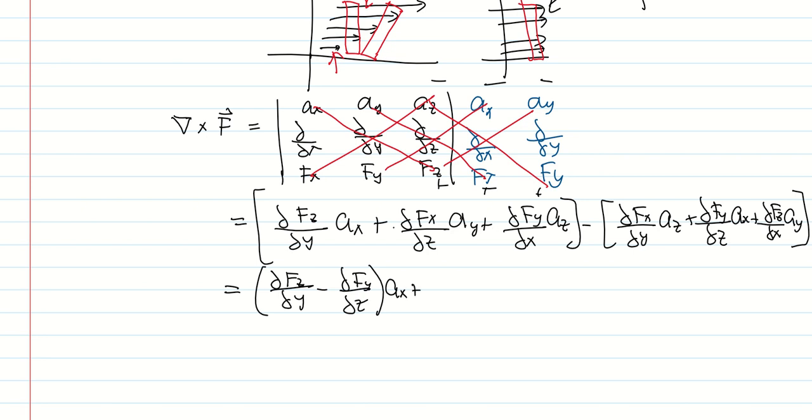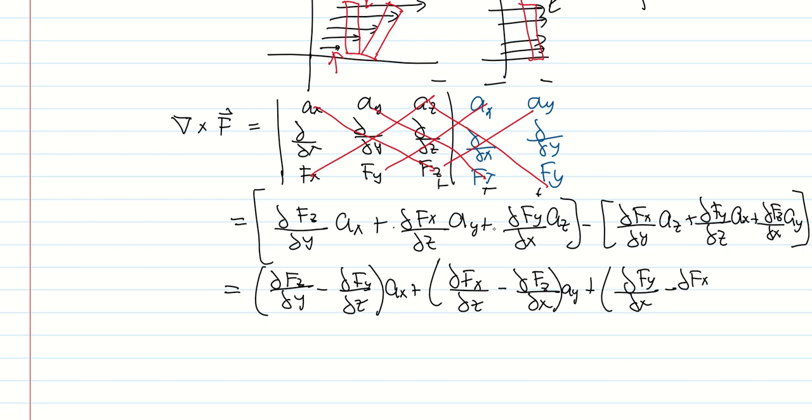For the y direction, we have the partial derivative of f_x with respect to z minus the partial derivative of f_z with respect to x. And lastly, for the z component, the partial derivative of f_y with respect to x minus the partial derivative of f_x with respect to y, in the z direction. So this will be the curl of the vector f.